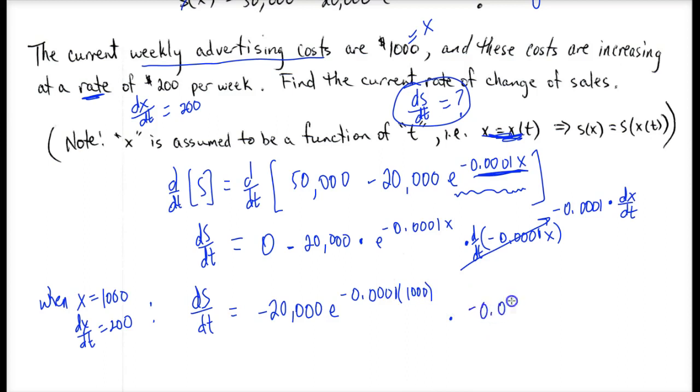And then this is 0.0001 times, now the dx over dt, we know that that's 200.